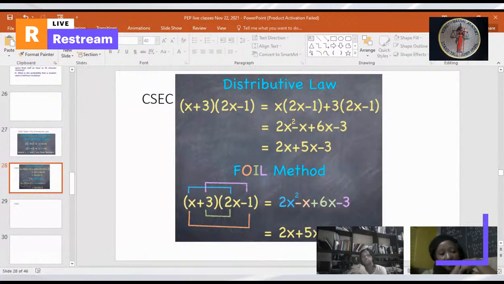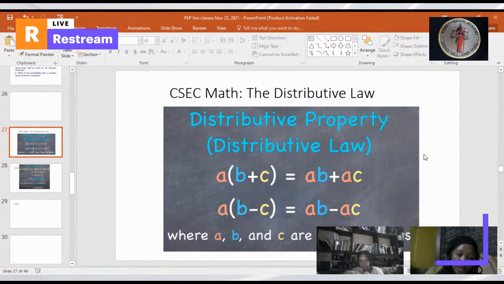All right. So this is the case of having two brackets, right? So it's the x times the 2x, the x times the negative 1, 3 times the 2x, 3 times the negative 1. And then we simplify by combining the like terms, and that's as simple as we can get it. And the other one was just showing you the law using variables, not actual numbers.